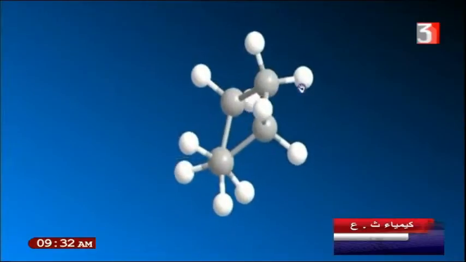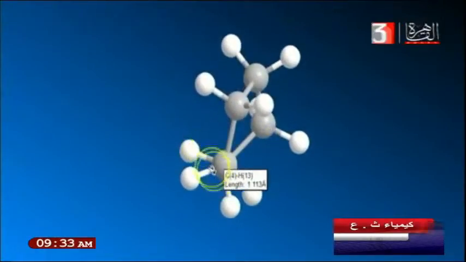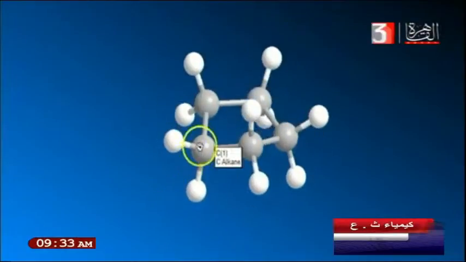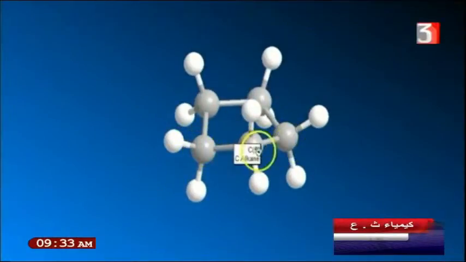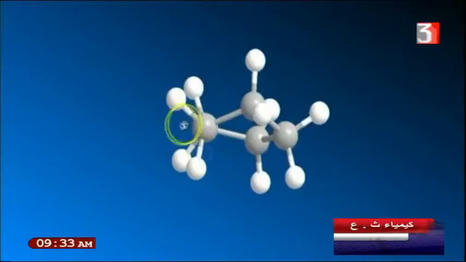Also, I have here a different shape for 4 carbons. Butane, what does this mean? Cyclic, yes, cyclobutane. Why do we say cyclo? Also because all of them are closed. This is 5, this 5 means pentane, cyclopentane.